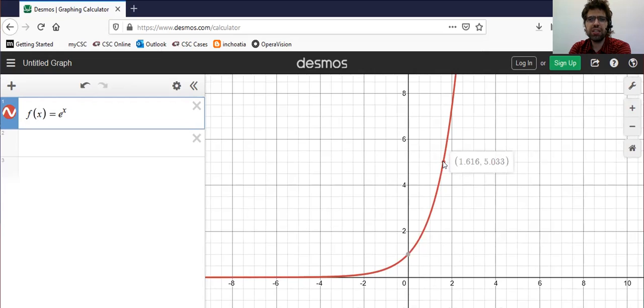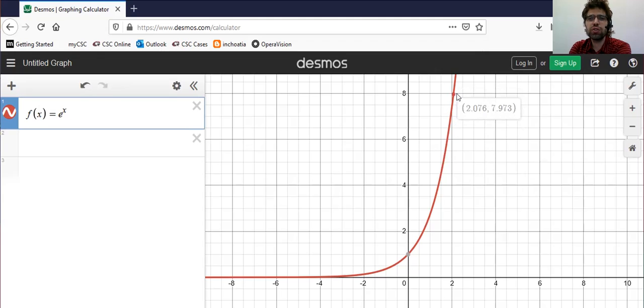And as e to the x increases, its growth rate increases. So when x is 1.616, e to the x is 5.033, and it's growing at a rate of 5.033.